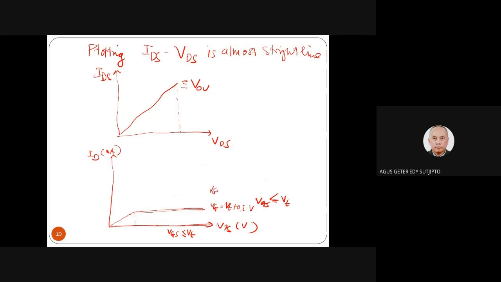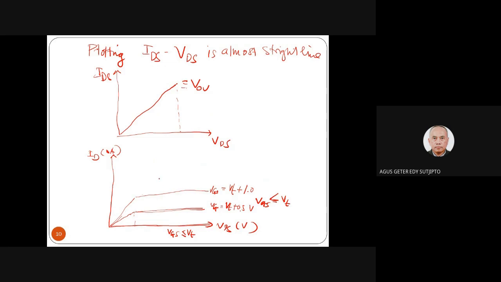When we increase VGS again, for example VT plus 1.0, we have another graph: a linear increase and then saturation.